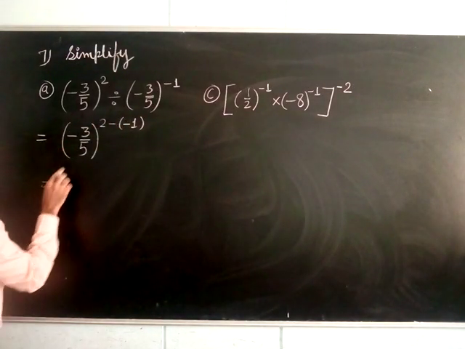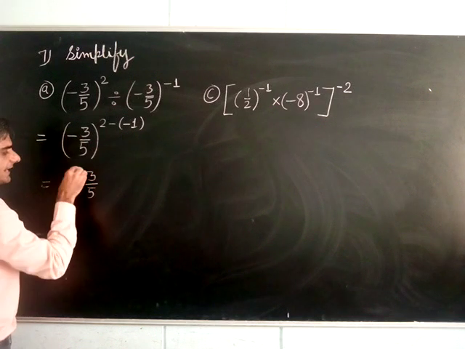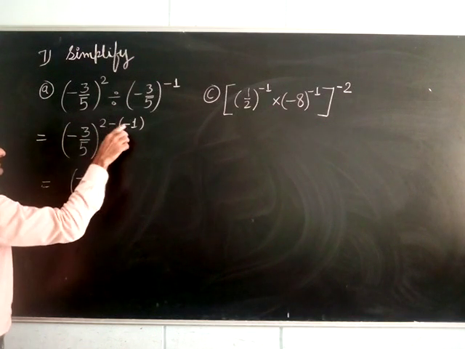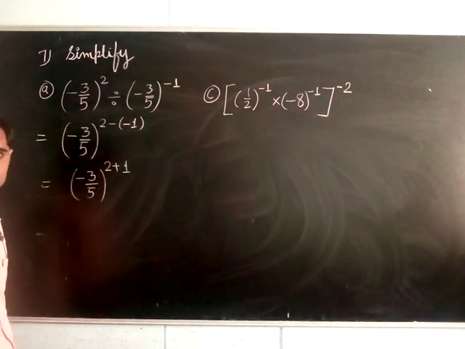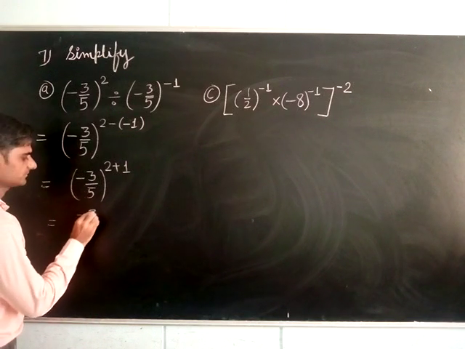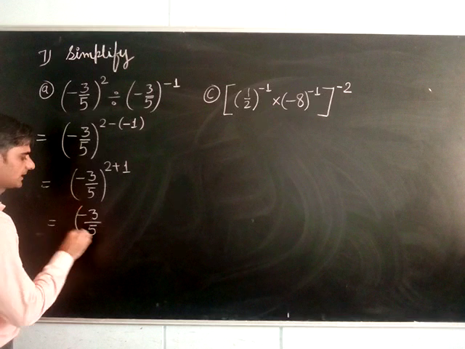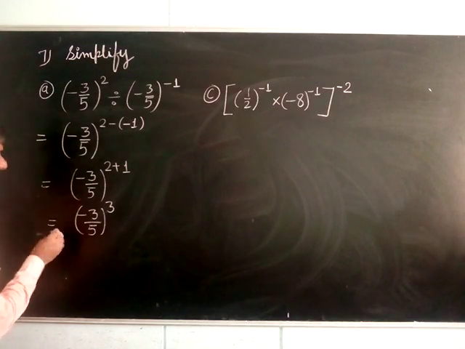Right? So this will be equal to minus 3 upon 5 as it is, and minus minus plus, so 2 plus 1 will be there. So this will be equal to minus 3 upon 5 power 3.